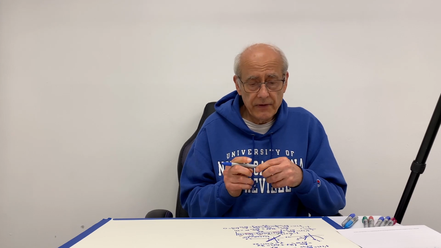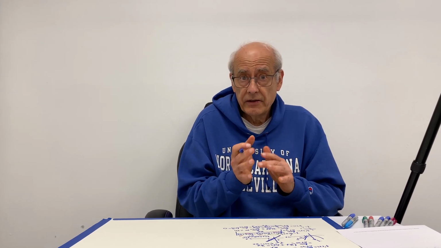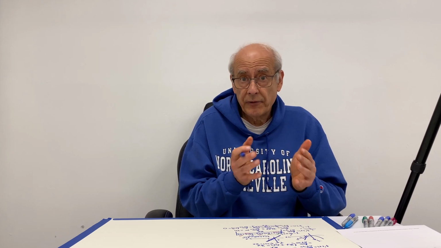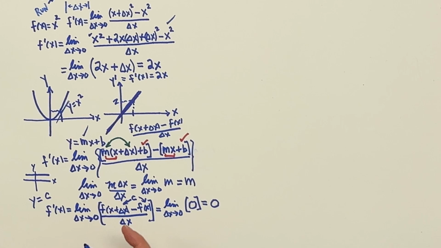So assuming limit rules, like the limit of a sum is equal to the limit of each part added together, and the limit of a product would be each one separately. Then I can do for you ax squared. I'm just going to put an a in front of the x squared.